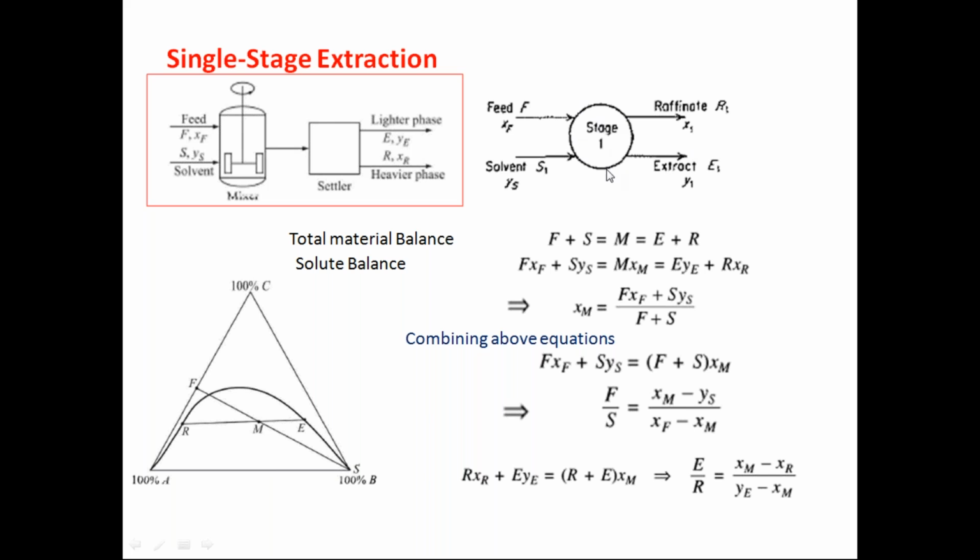So how do you find out? Suppose you know this many kgs of feed having this concentration of solute will be treated with this much solvent, which has a very low or zero YS, fresh solvent. When you treat this feed with this solvent, how much R and how much E will be obtained, and what would be the concentrations x1 and y1 if you use only one stage?